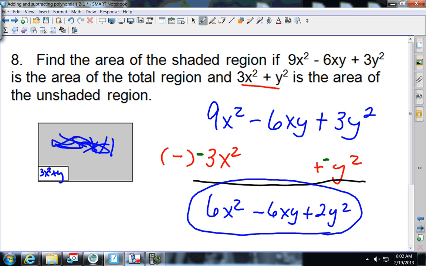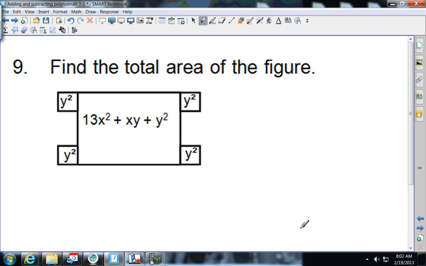Number 9. It said find the total area of the figure. So we're going to go and look. To find the total area, I have to add up the things that are all the same. Well, first off, I see a 13x squared. Do I see any other x squareds? No. So it's 13x squared. The next term that I see is xy.